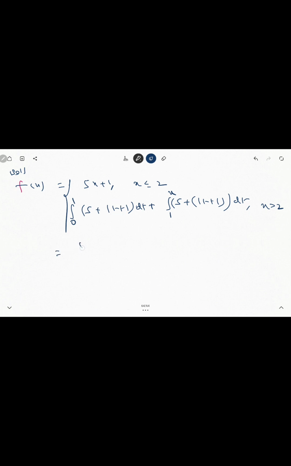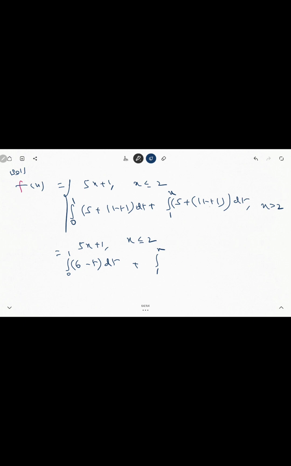So how to write it? 5x plus 1 is for x less than or equal to 2. Here 1 minus t only. So 1 minus t means 6 minus t, I'll write 0 to 1, 6 minus t dt, plus, tell me, 1 to x.